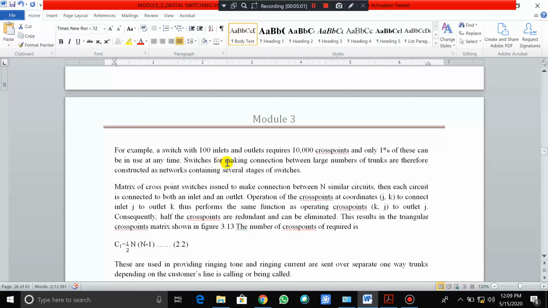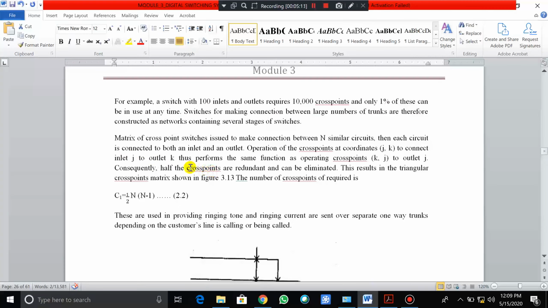Switches for making connections between a large number of trunks are therefore constructed as networks containing several stages of switches. A matrix of cross-point switches is used to make a connection between n similar circuits, where each circuit is connected to both an inlet and an outlet.